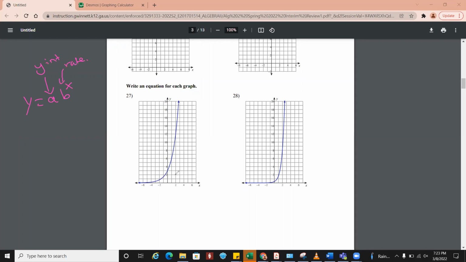Okay, so in this one, my y-intercept is 3. And then my rate is from one point to the next, what did I multiply by? So what I mean by that is this point right here is 0, 3. And this point right here is 1, 6. So from 3 to 6, what did I multiply by to get there? Well, that's 2. So 2 is going to be my b, and we're going to raise that to the x.